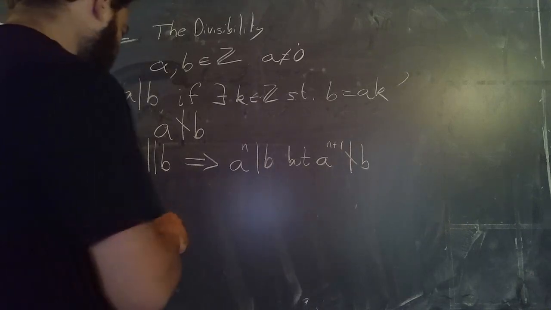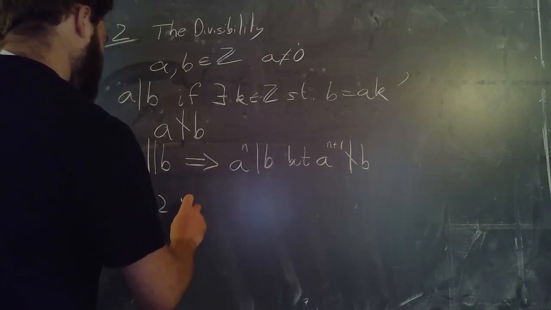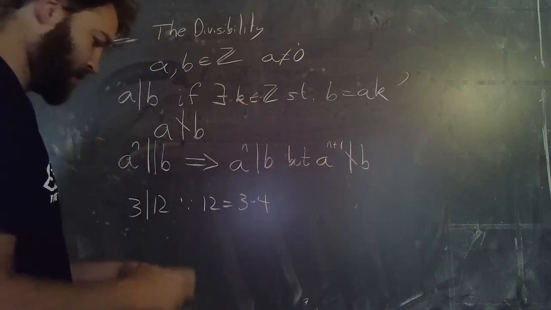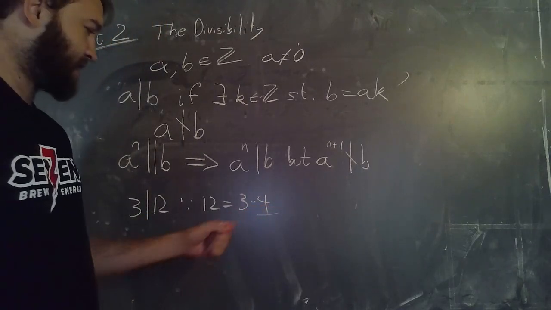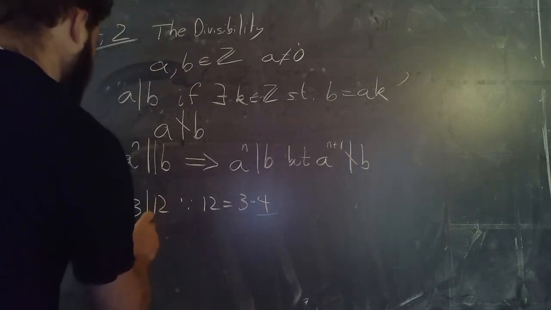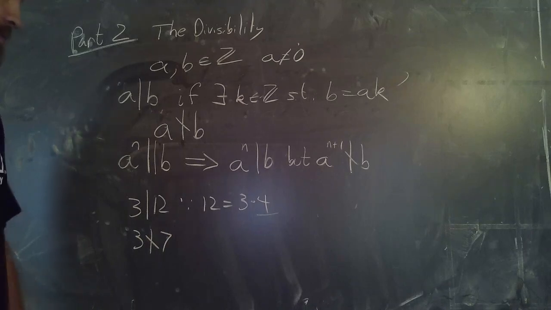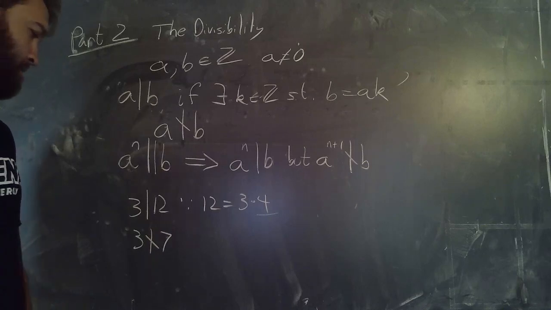Some examples: we can say 3 divides 12 because 12 is equal to 3 times 4. Note we can find some integer that will allow us to scale up the first number to equal the second number. We can say 3 does not divide 7 because 7 is a prime number, and therefore there is no such integer that I can scale up 3 by in order to equal 7.